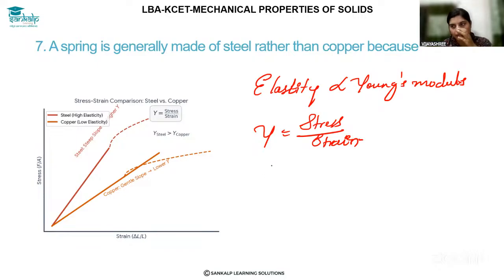Material with higher Young's modulus is more elastic and suffers less strain. If Young's modulus is more, strain will be less.